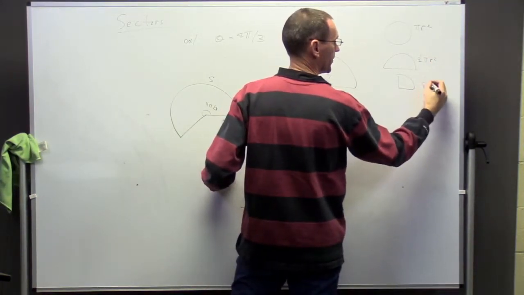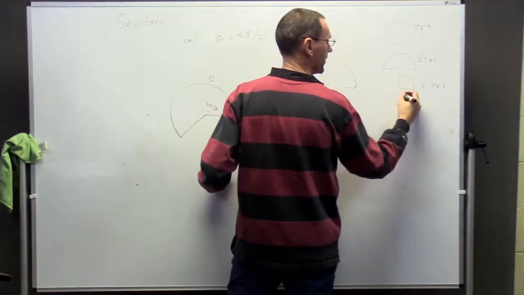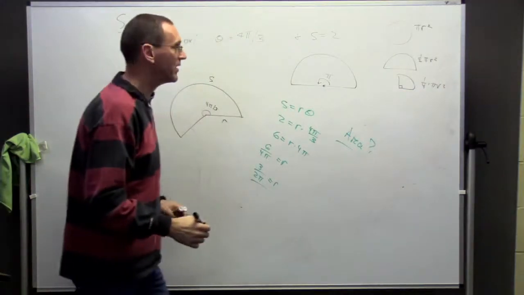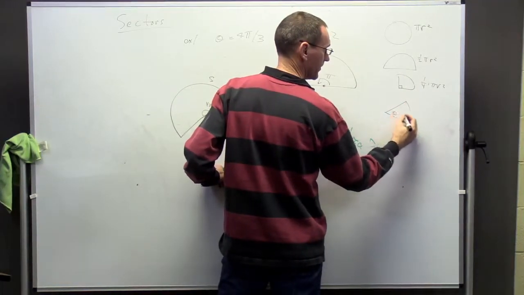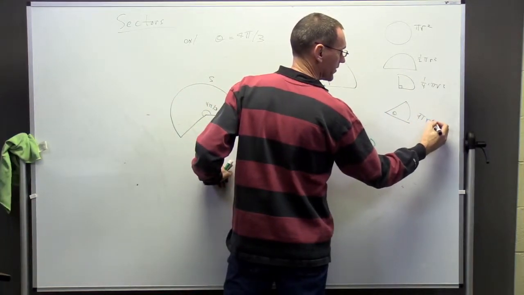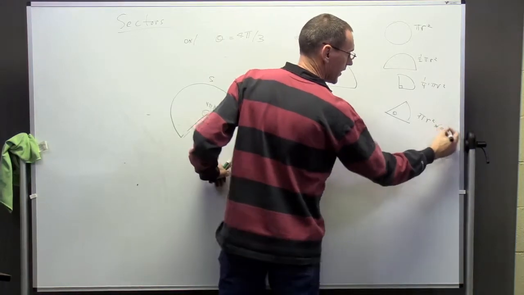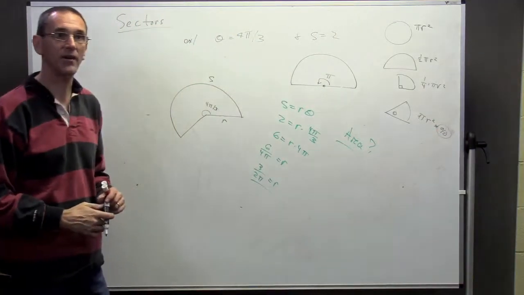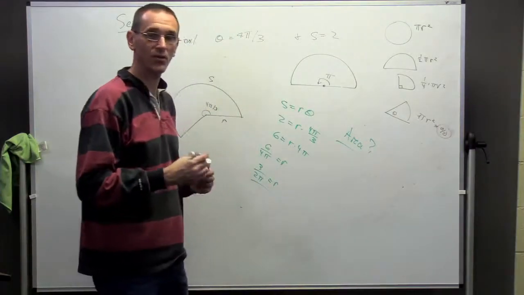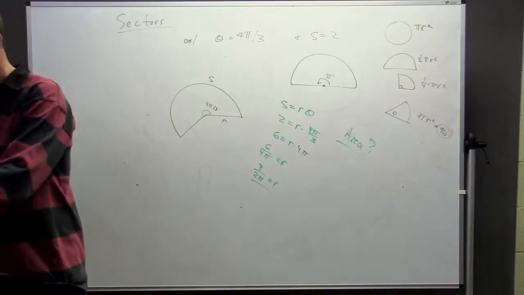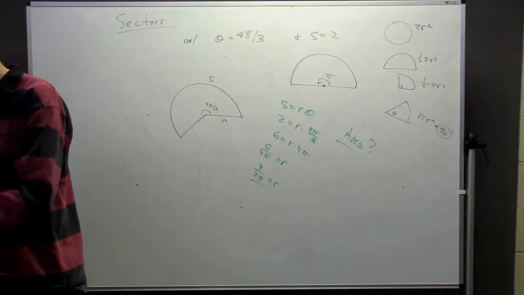A quarter circle is going to be 1/4 pi r squared. For a sector, the area is going to be pi r squared times whatever percentage of a circle I have. And I can think of this angle as giving me what percentage of the circle.